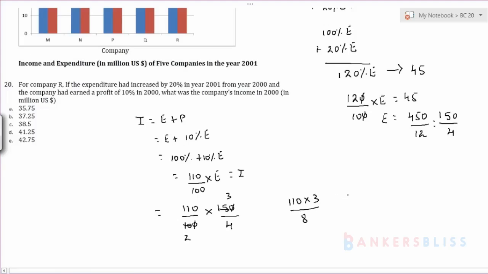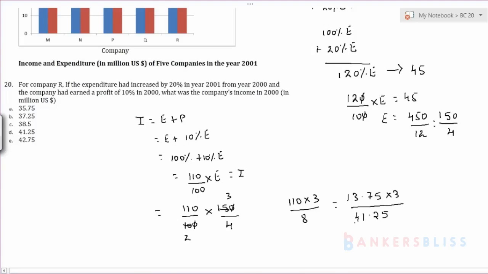Now 8 1s are 8, 3 carry over, 8 3s are 24, 60; 8 7s are 56, 8 5s are 40. Into 3 you have to do: 3 5s are 15, 1 carry over, 7 3s are 21, plus 1 is 22, 2 carry over, 13 3s are 39, 40, 41.